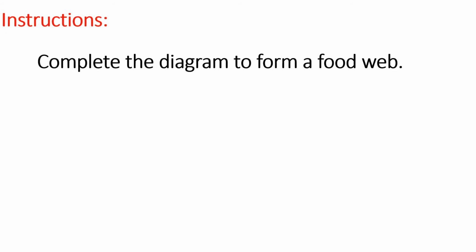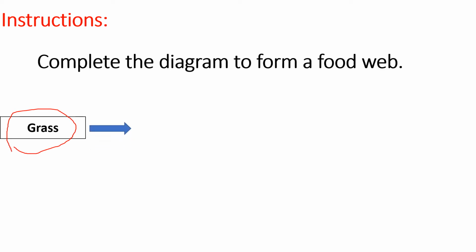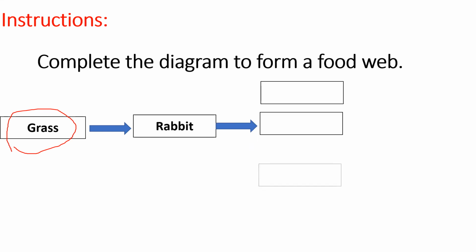Now class, it's your turn to write an example of a food web. So please complete the diagram below to form a food web. First I have here the producer already, which is the grass. And then think of an animal that can eat the grass. So we have rabbit. And then think of three animals that can eat rabbit. Any three animals that can eat rabbit.